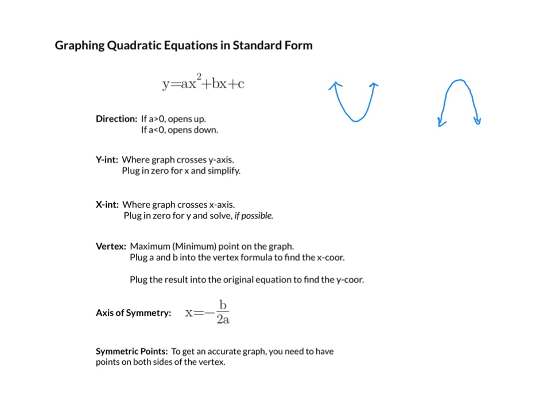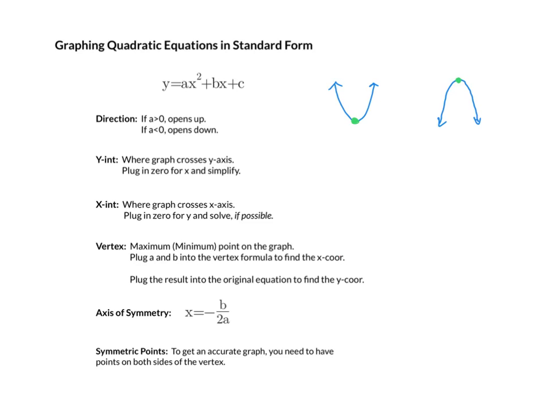Okay, so those are some concepts that we should be fairly familiar with. We have some new things that are special to quadratic equations. The first is the vertex. The vertex is the maximum or minimum point on the graph. If the graph opens up, it is a minimum and it's the bottom point. If the graph opens down, then the point is on the top and we call it a maximum.